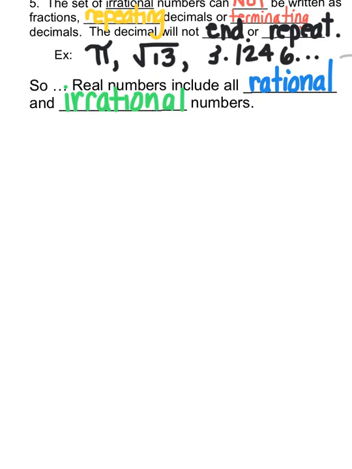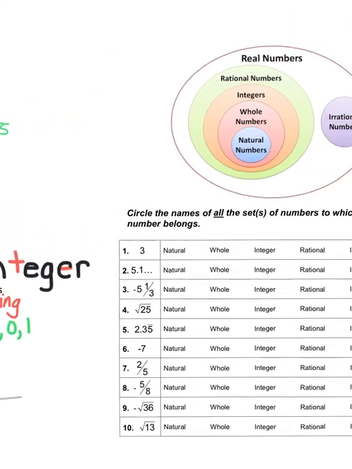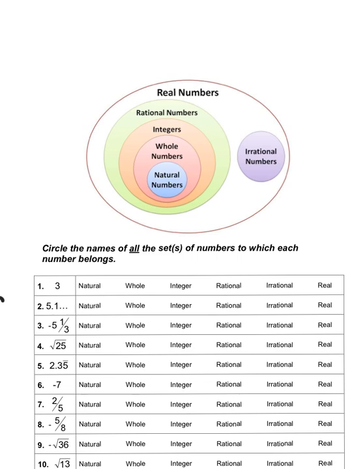Let's look at the graphic on the next page. In this Venn diagram, to describe the real number system, rational numbers and irrational numbers do not have any connection. They never touch. They are two separate entities. The most exclusive is the natural numbers, and it is inside the rational number.